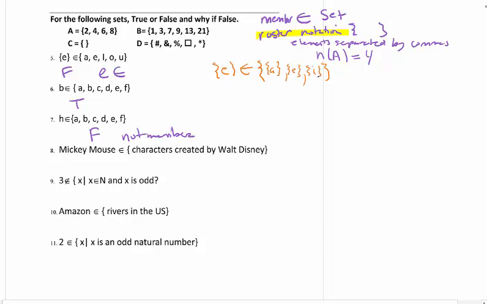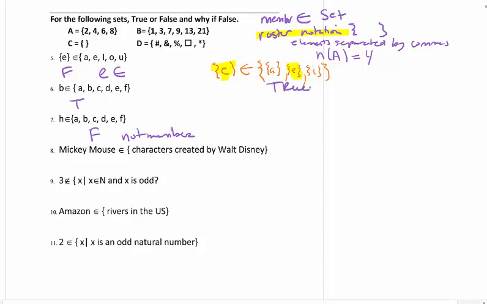So E is a set, which usually we don't use with the element symbol, but in what I wrote in orange here, the right-hand side is a set including the set A, E, and I, because those are separated by commas. So because this is a member, an element, this would be true for this problem.